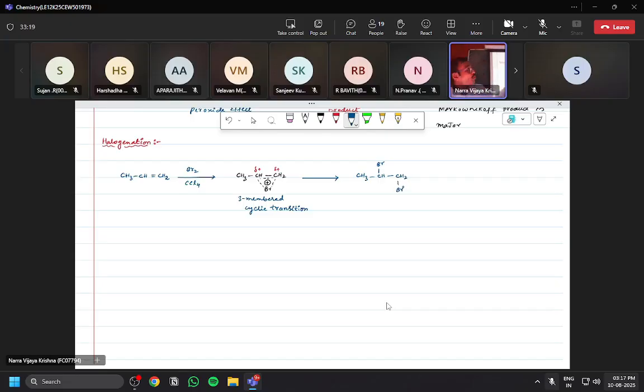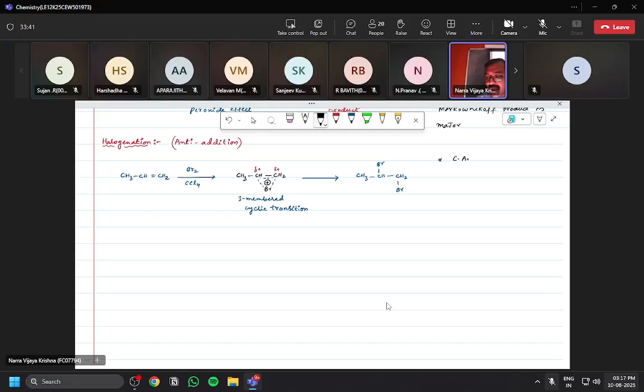Now both bromines are added in opposite directions. That's why it is an example of anti-addition. Correct? Right. So here we need to remember one more thing.